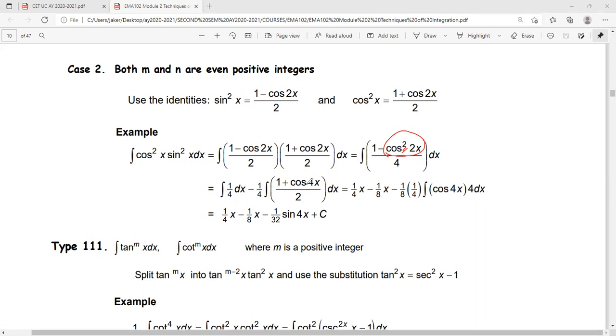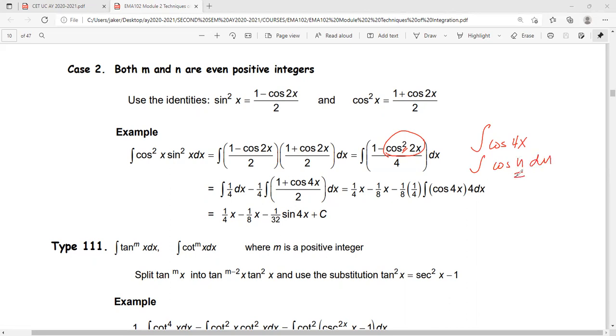Now, let's go to this one. This will have 1/8 as well. So 1/4 times 1/2, negative 1/8, because that's negative. Now, it's negative 1/8. However, class, if you integrate the cosine of 4x, this is comparable to the cosine of u du.